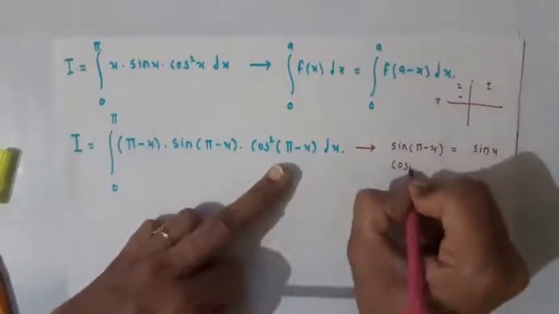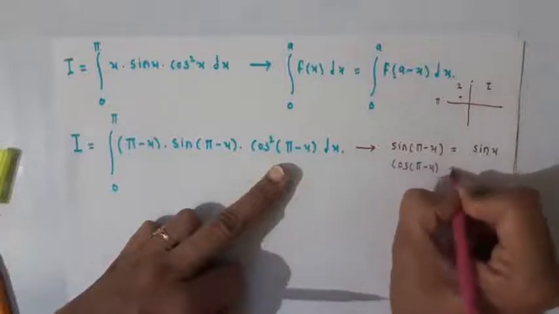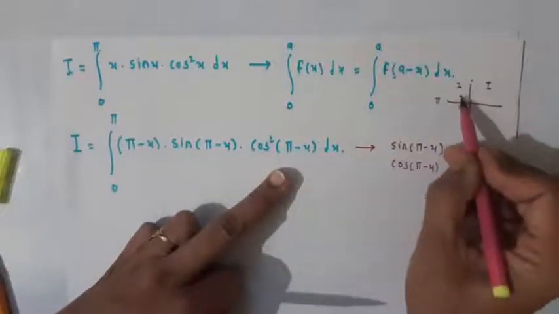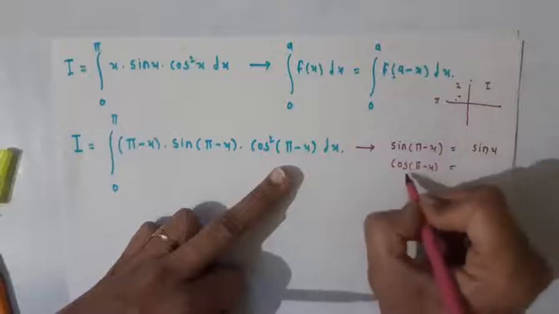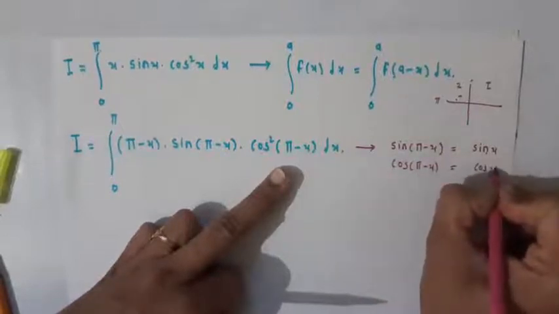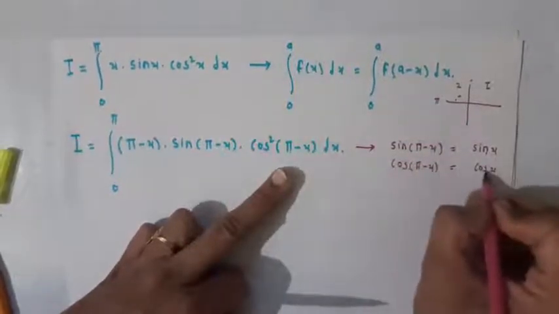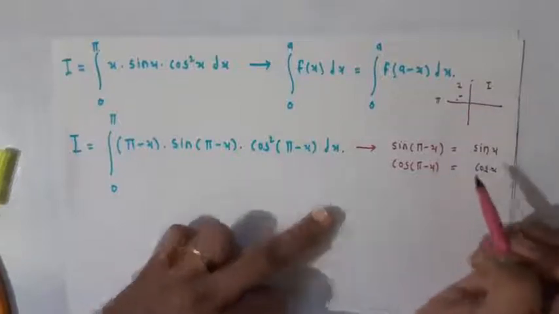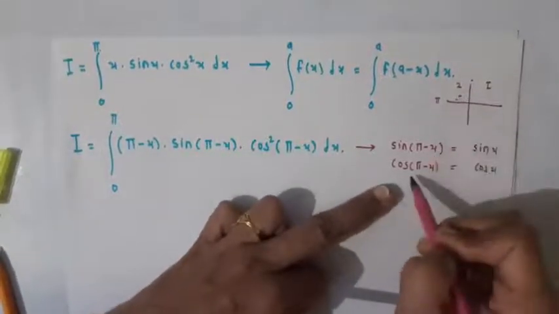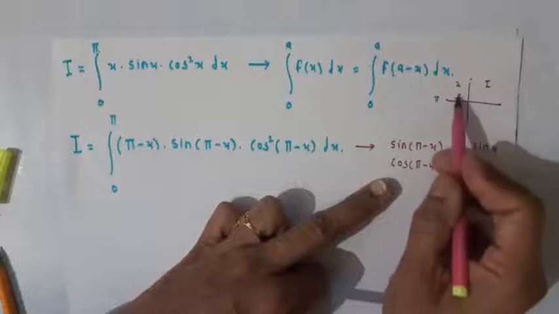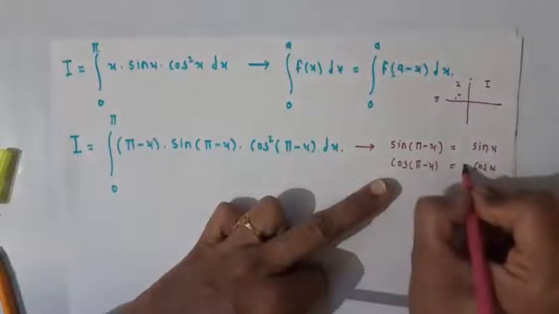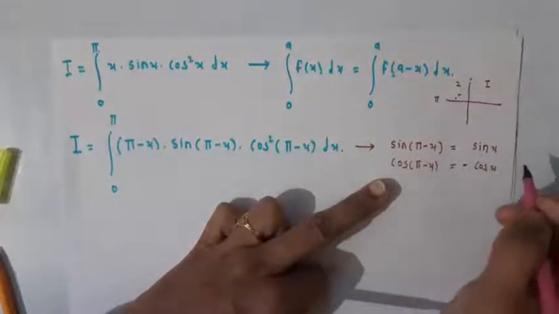Now cos of pi minus x, so here in second quadrant the cos will remain cos because the difference is pi, and cos of pi minus x is cos x. Now let us give it sign. So in second quadrant cos is negative, that's why it is minus cos x.